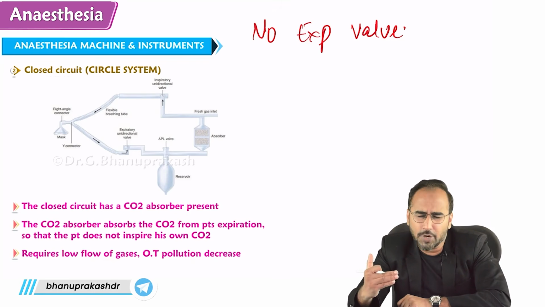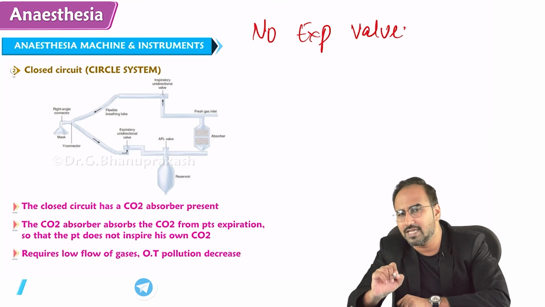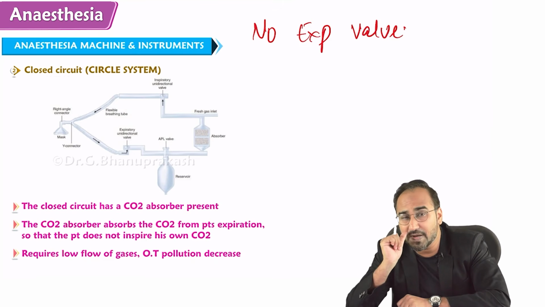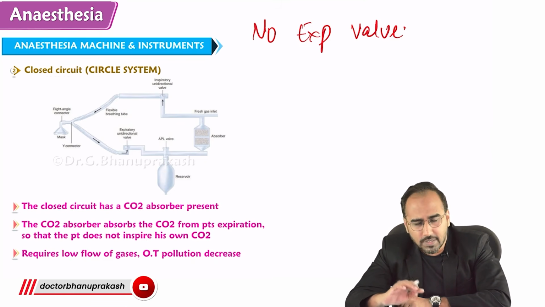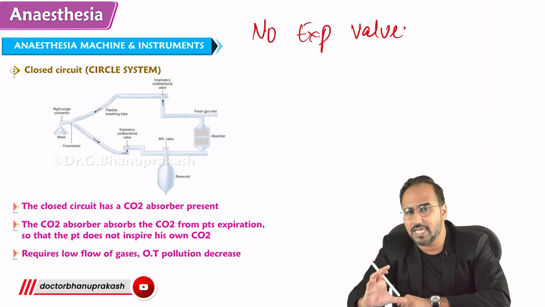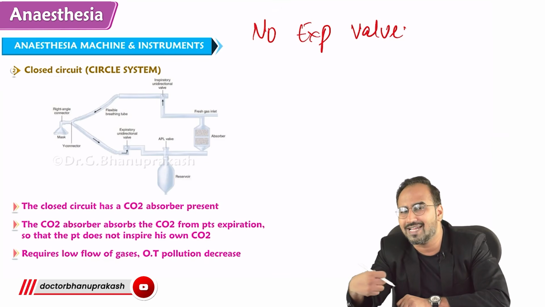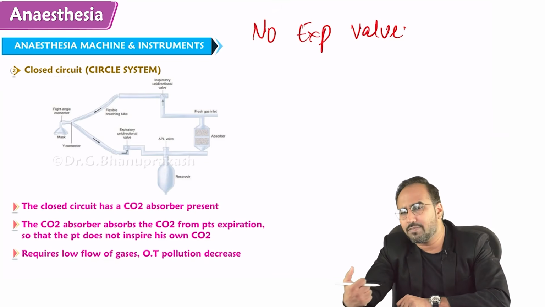If you recollect, I made you mark the last point in the anesthesia machine, the carbon dioxide absorbing chamber, that is soda lime or Baralyme. So in the closed breathing circuit, we don't have an expiratory valve, we have a chamber that absorbs carbon dioxide. The material inside the chamber is either soda lime or Baralyme.